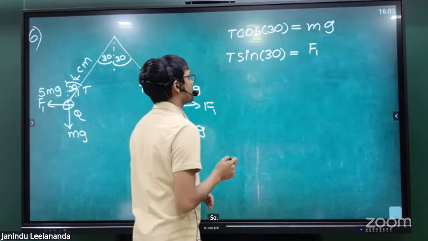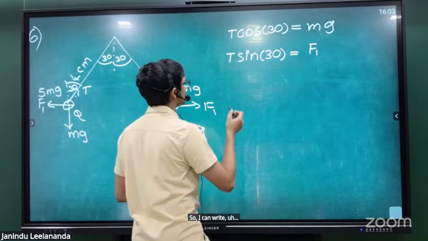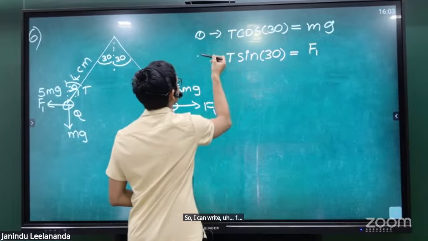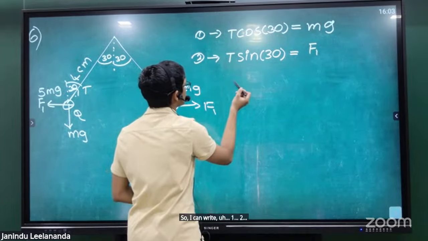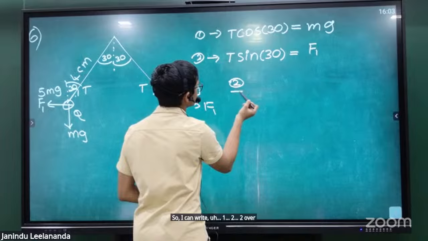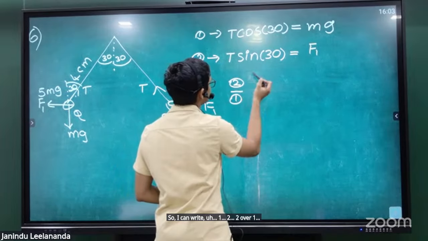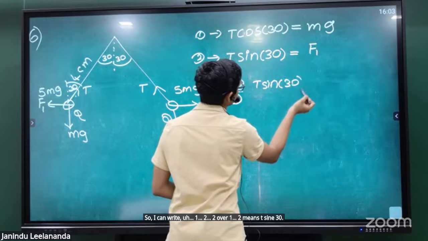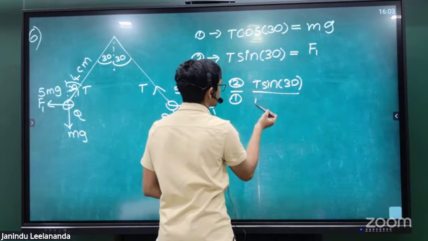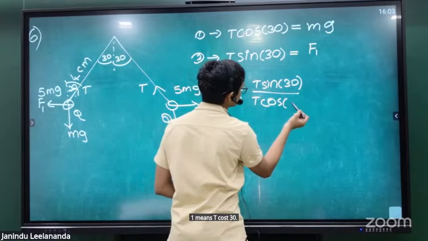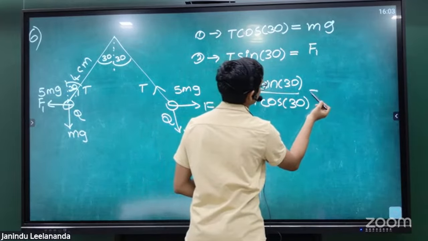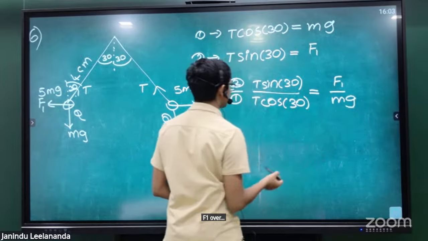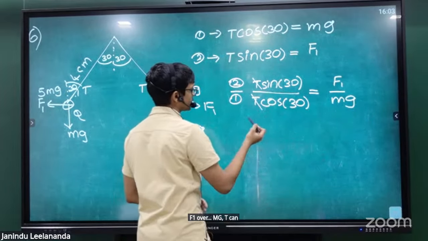So I can write 2 over 1. 2 means T sin 30, 1 means T cos 30. F1 over mg. T cancels out.